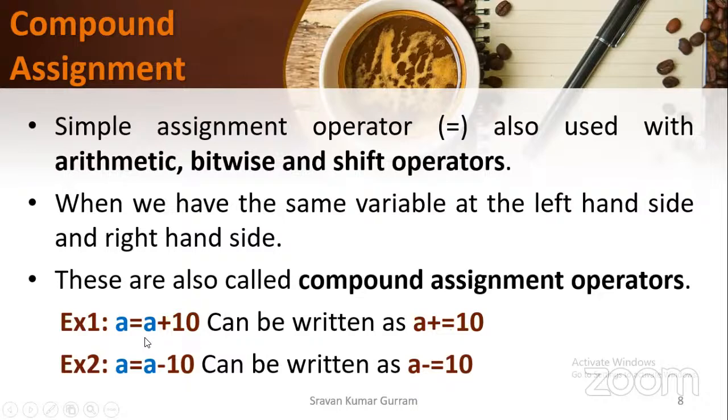Now, if you have a statement like this, that can be written as A plus assignment 10. This is just like a shorthand notation. This is called compound assignment operator. When we need to implement compound assignment operator, the rule is that we must have the same variable at the left hand side and right hand side of the assignment operator.